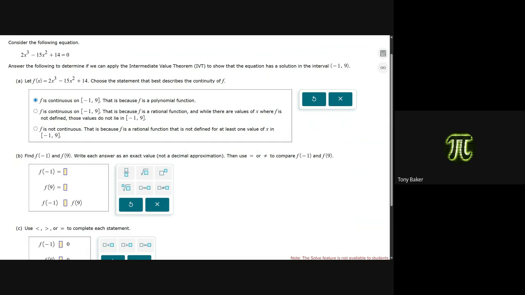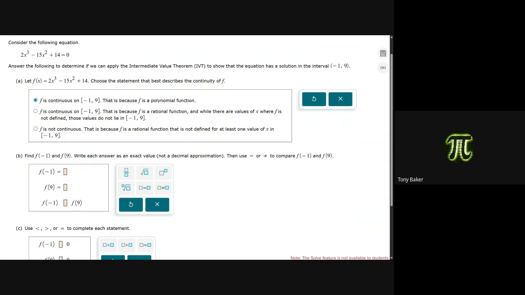It's going to be continuous. So that's where it says it is continuous because it's a rational function. It's not in there, we're good. Or it's not continuous because it does fall into there. This problem, it's a polynomial function. We've got the first answer.